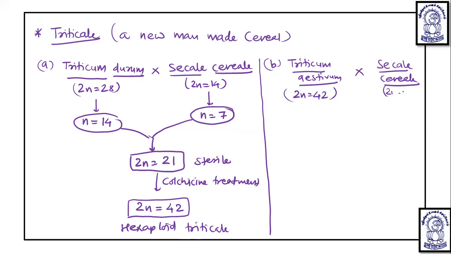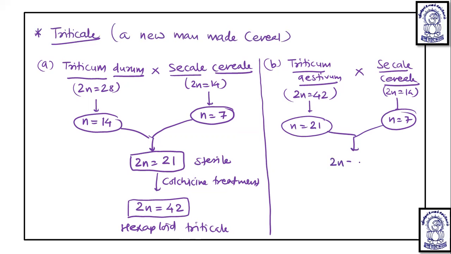This has 2n equals 14. The gametes will have n equals 21. And here the gamete will have n equals 7. So it fertilizes and it will produce an F1 hybrid which has 2n equals 28. But this 28 F1 hybrid is going to be sterile. This is the F1.